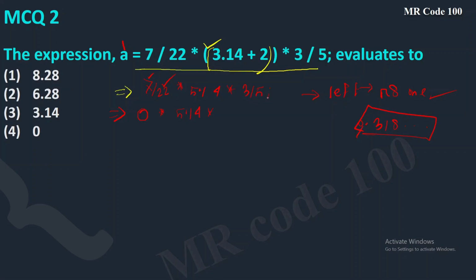Now tell me, what should be the answer here? 3 by 5 should be 0.6. It will also be 0. So if we multiply something by 0, the answer should be 0. So here is our correct answer.